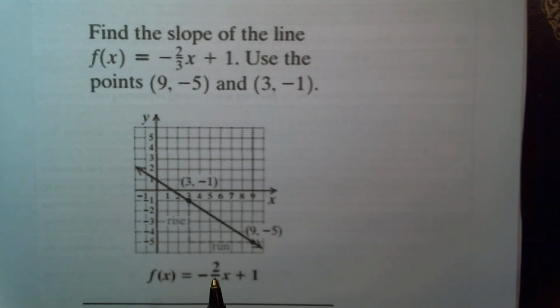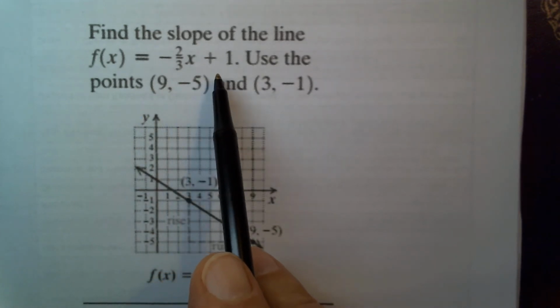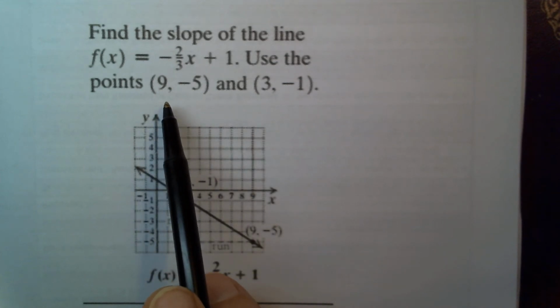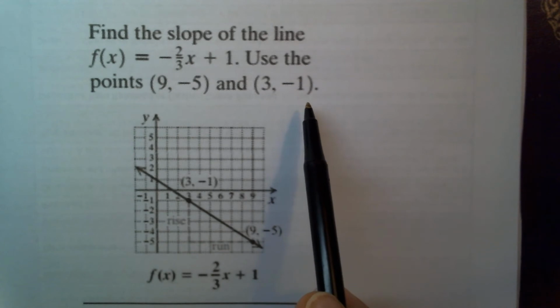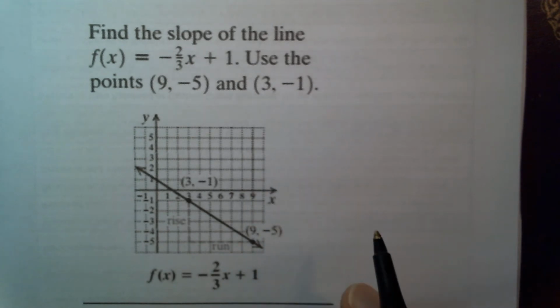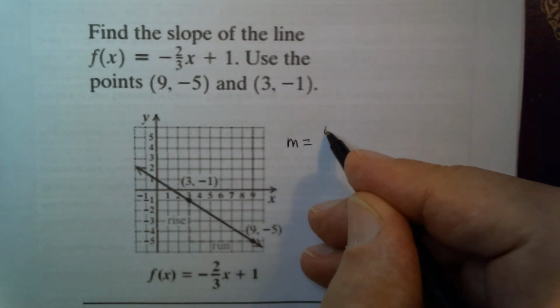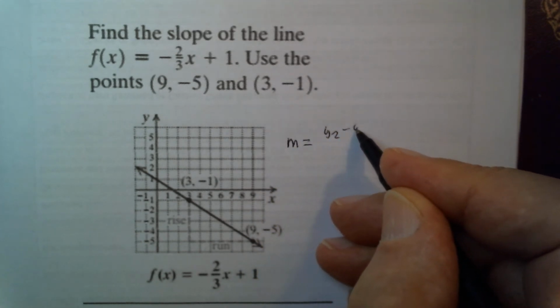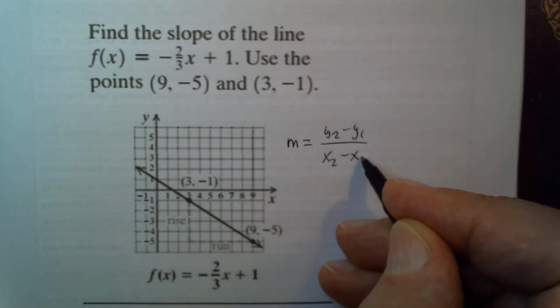In the next exercise, we are asked to find the slope of the line y equals minus 2/3 x plus 1, and use the points 9, minus 5 and 3, minus 1 to determine the slope. Okay, so the slope is equal to y sub 2 minus y sub 1 divided by x sub 2 minus x sub 1.